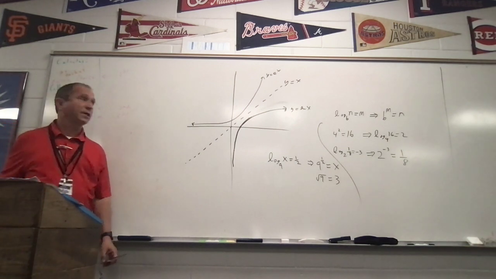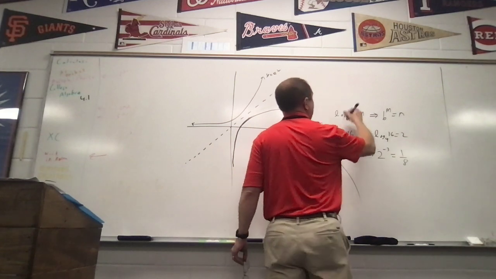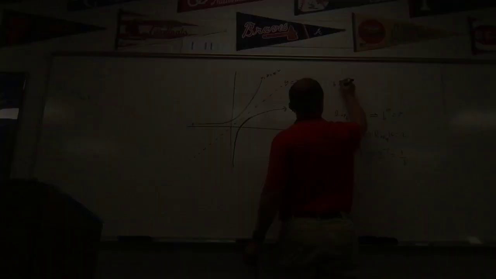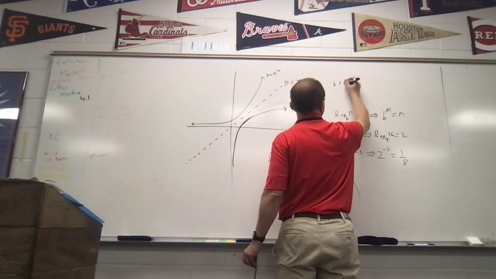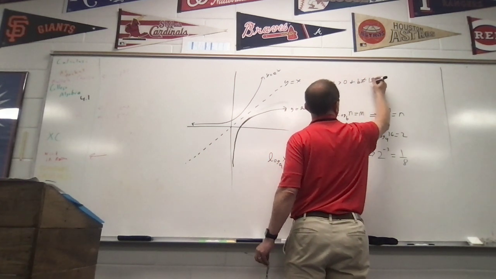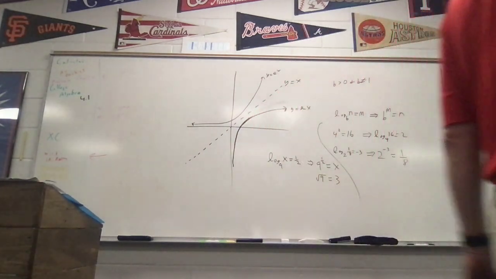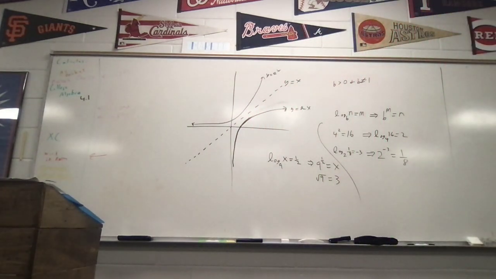Now, a couple of other things here, real quick. More about the properties. B is going to be greater than 0, and B cannot equal 1. Now, why didn't I just go ahead and say B had to be greater than 1? Why did I have to say B is greater than 0, but B can't be equal to 1?